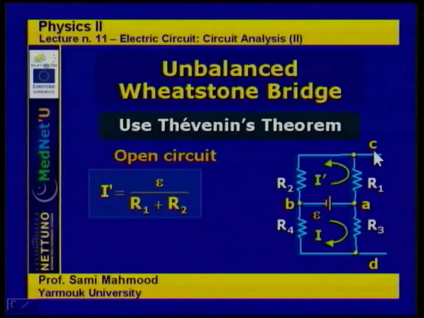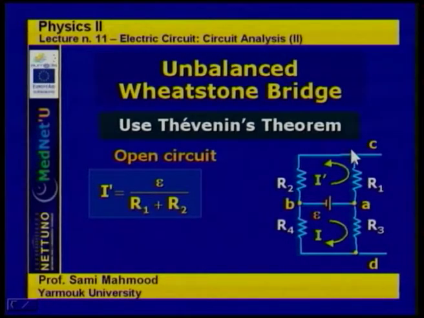In Thevenin's theorem, in the open circuit geometry, there is no current going through C or through D outside the box. That means the currents will flow as shown here. We will have an I prime flowing through the top loop, and we will have I flowing through the second loop.